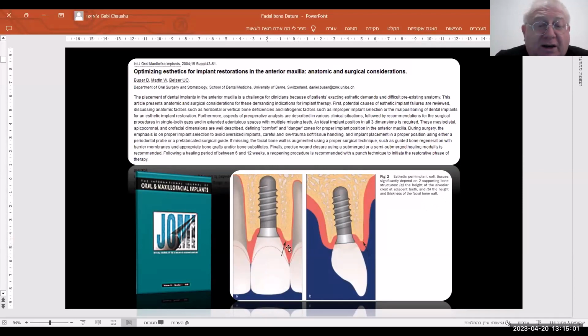Well, basically, the level of the crest of adjacent teeth is something that we do not actually control, but we get the situation and we have to deal with it. Whereas the buccal thickness and height, we can control and we can affect.